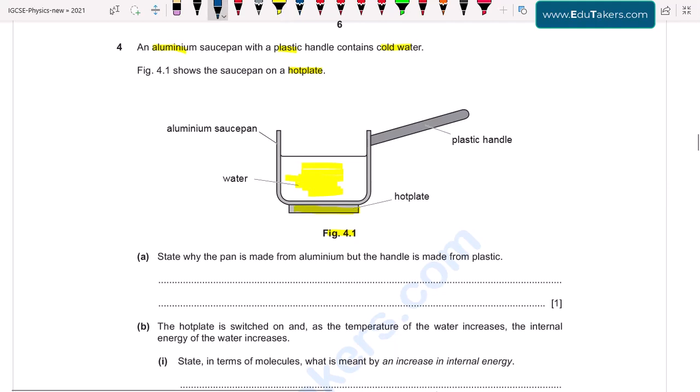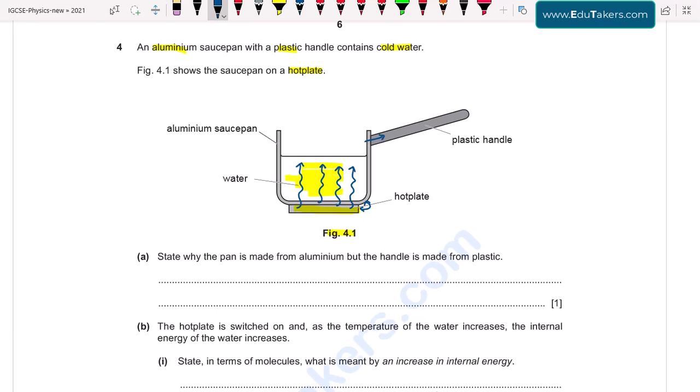First of all, we can see from here that this hot plate is in contact with this saucepan. So we know that the temperature of hot plate is very large. It means that it contains a large amount of heat, and heat is transferred from one place to another. So some of heat from this plate will transfer to water. So by transfer of heat, the water molecules' energy also increases. And this transfer happens because the aluminium is a good conductor, but this heat does not transfer to the handle because handle is a poor conductor.